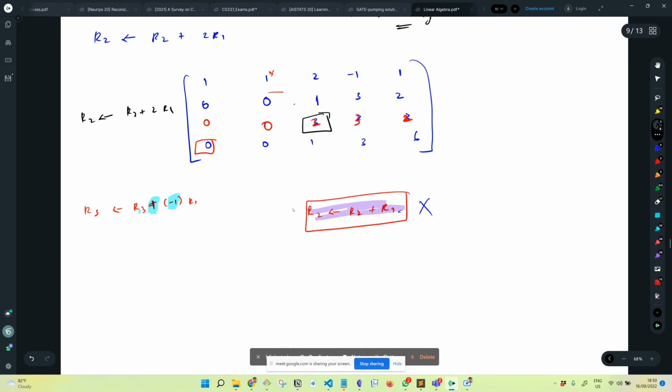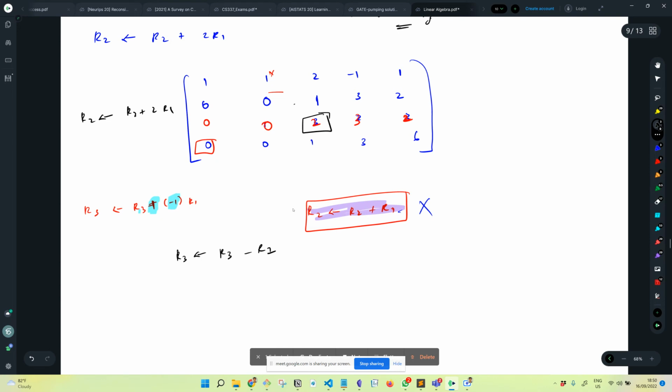Can somebody suggest an operation? Yes, R3 equals R3 minus R1.